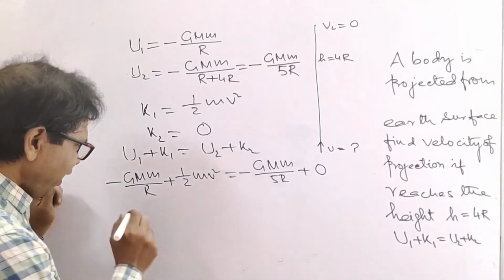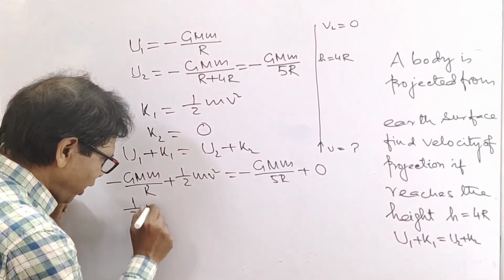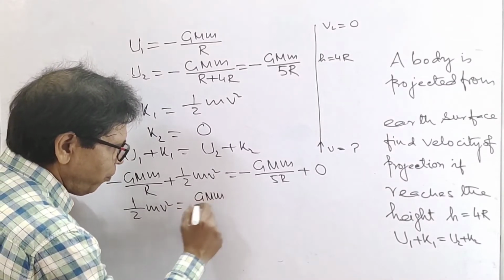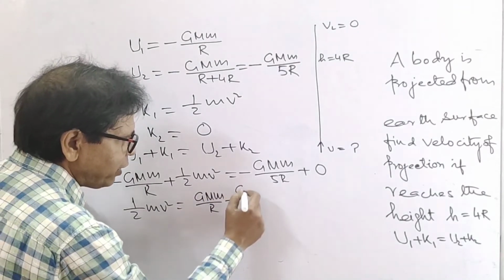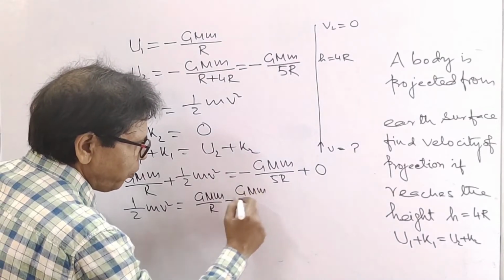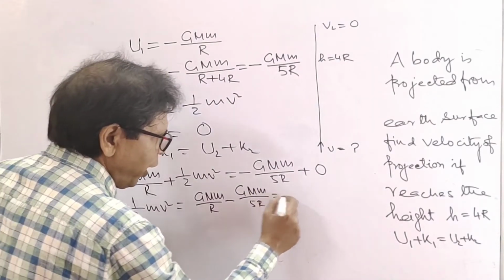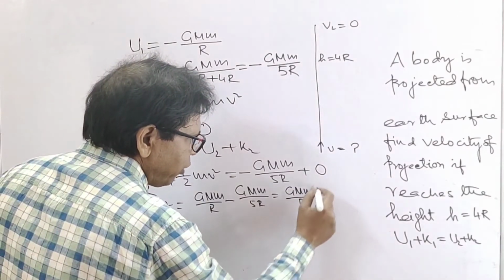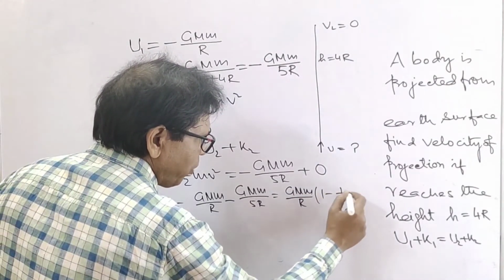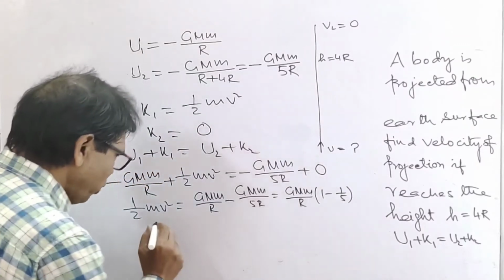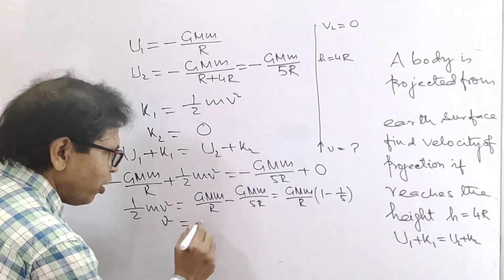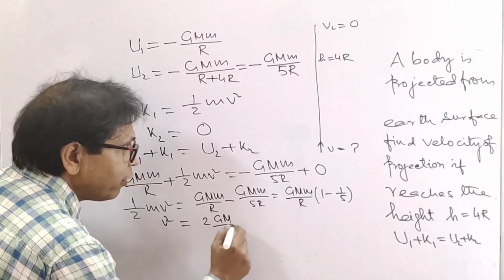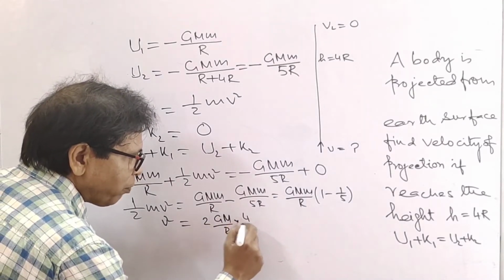So this is half mv square equal to G capital M small m by R minus G capital M small m divided by 5R. Now G capital M small m divided by R times 1 minus 1 by 5. So v square equals 2GM by R times 4 by 5.